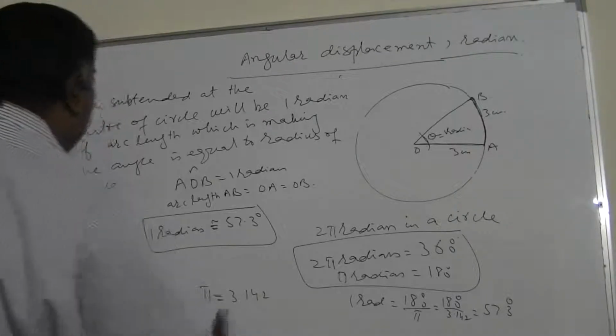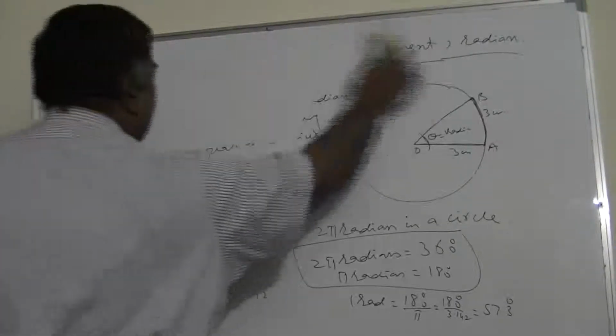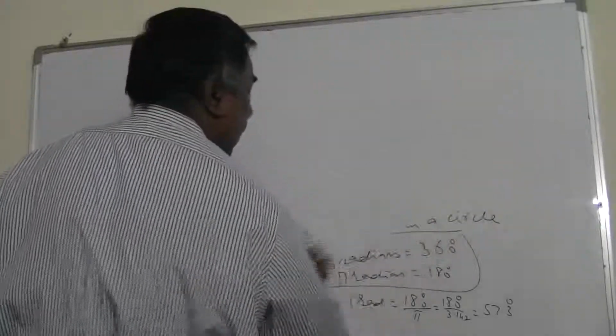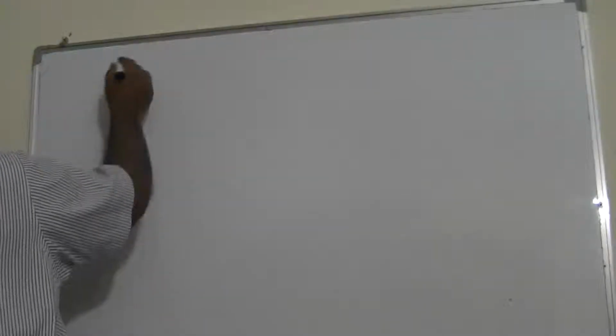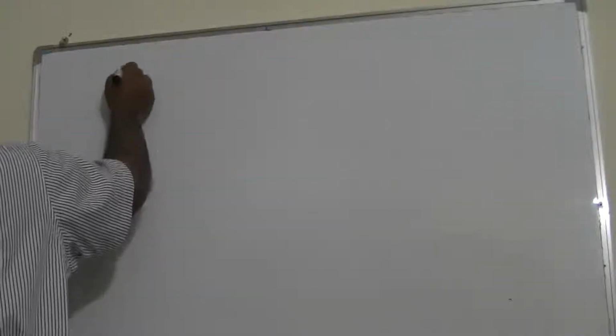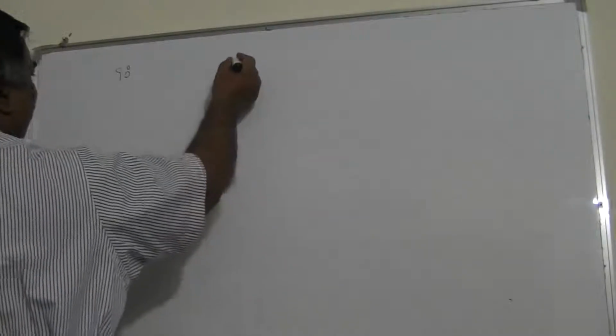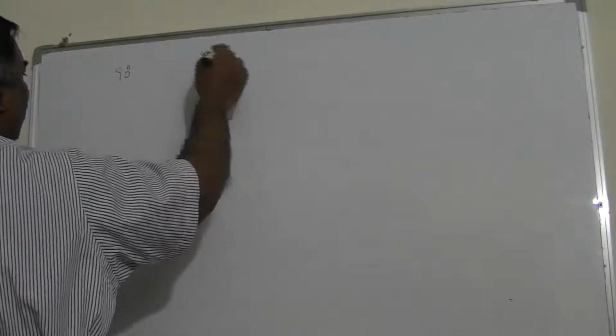Now how can we change radians into degrees and degrees into radians? Actually, the ratio method is very easy. For example, how can I change 90 degrees to radians? First, the ratio method.